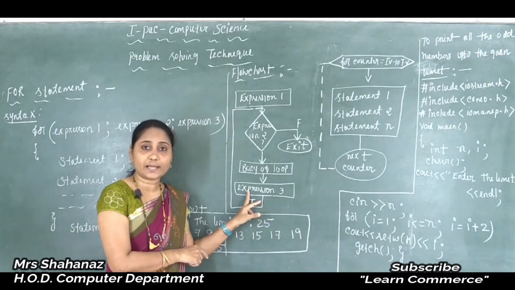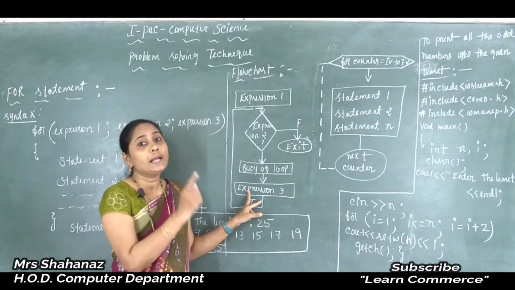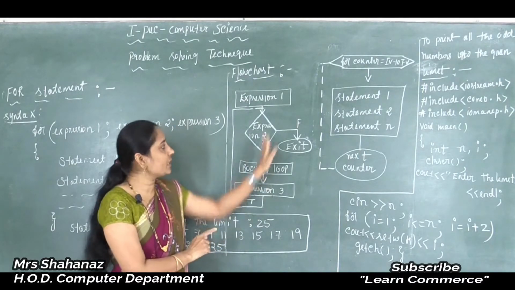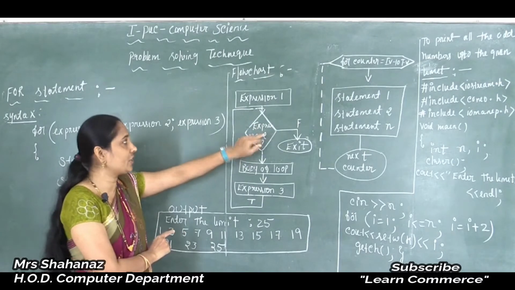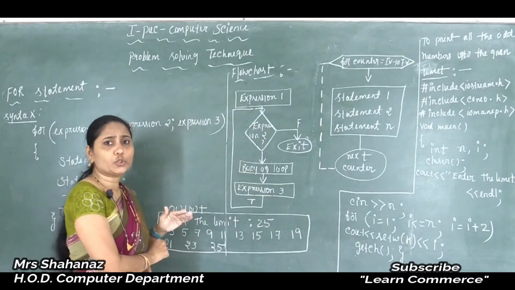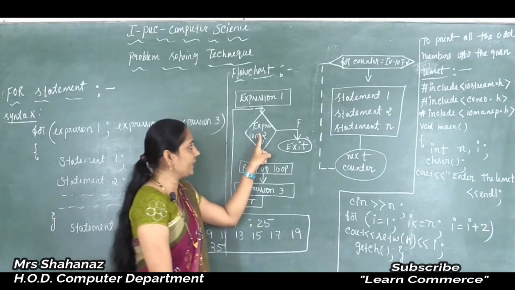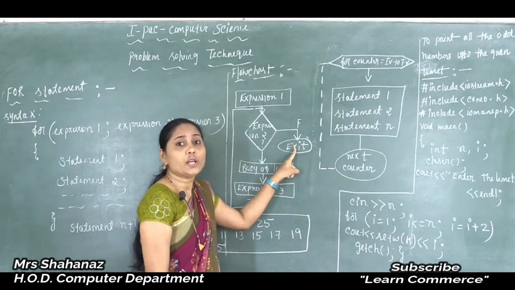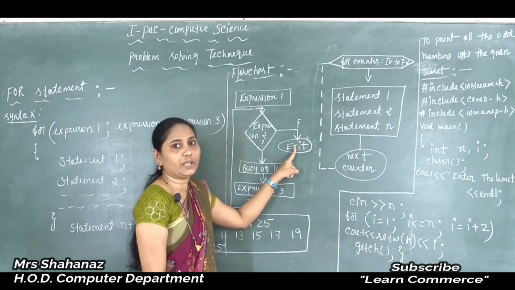Expression 3, so we can say that expression 3 represents the increment or the decrement expression. So this is the meaning. If the condition is true, one by one it is going to move, correct? If the condition is false, then surely it is going to stop the program, exit from the program here.